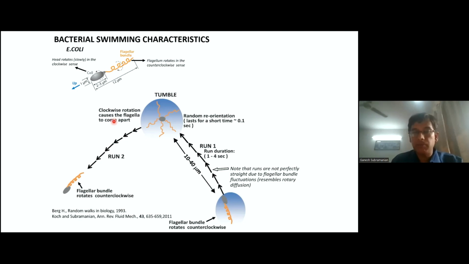There is some correlation between run one and successive runs, but that correlation is gradually lost over many runs, and eventually, in the absence of a flow, the swimmer samples its environment diffusively. That diffusion coefficient scales with the square of the swimming velocity times the decorrelation time.